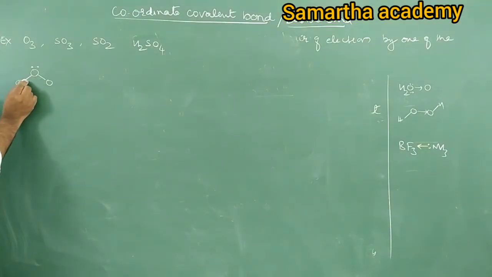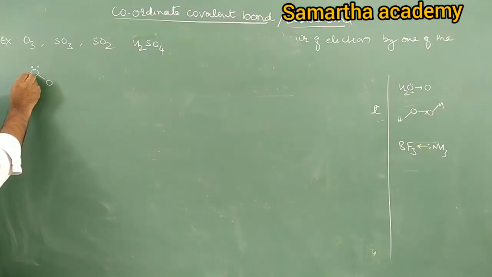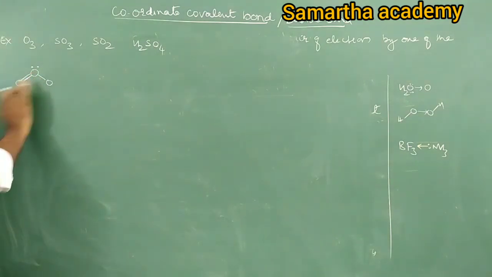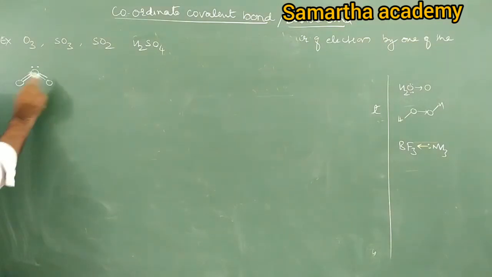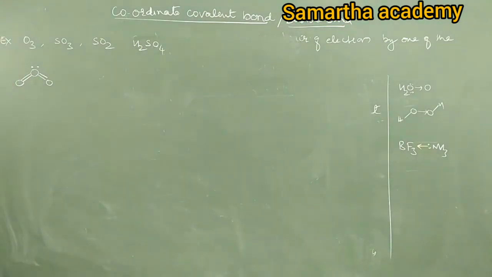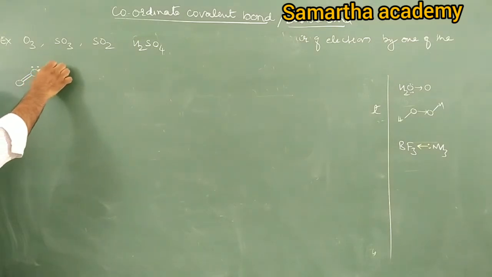If there are 2 bonds, it should have 2 lone pairs, right? But can it expand its valency to 3? Possible, no? Now one lone pair. If I write like this, is it possible? Not possible, because of valency.